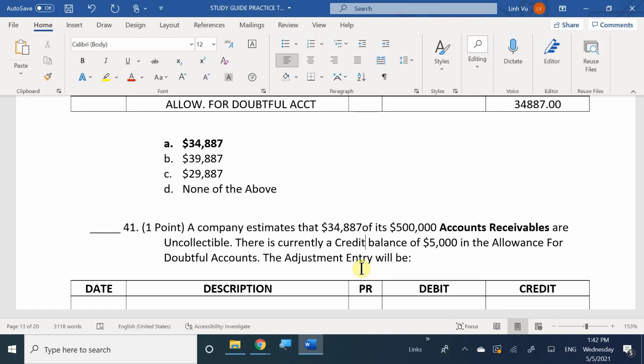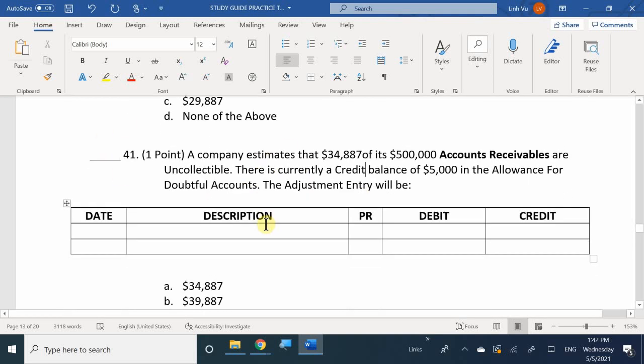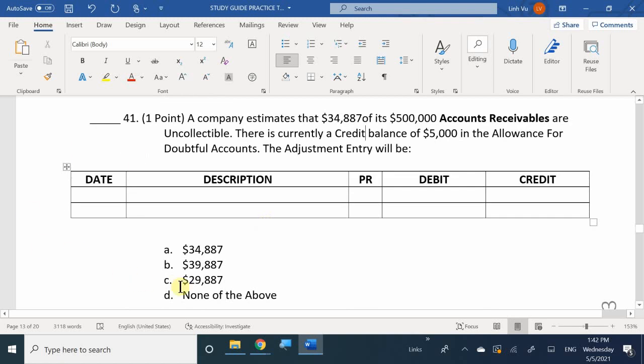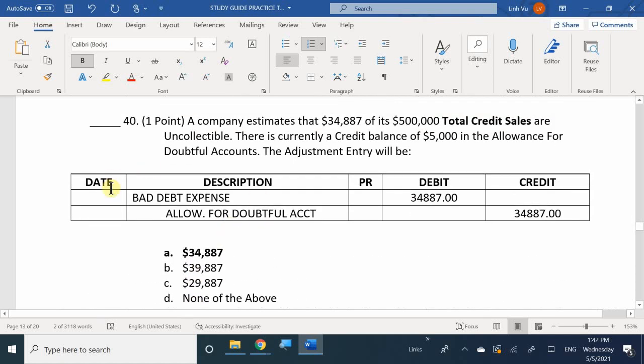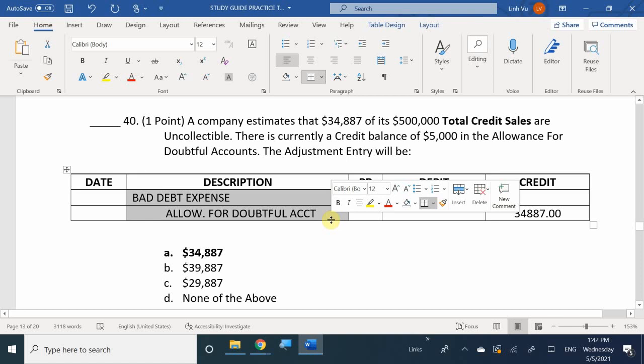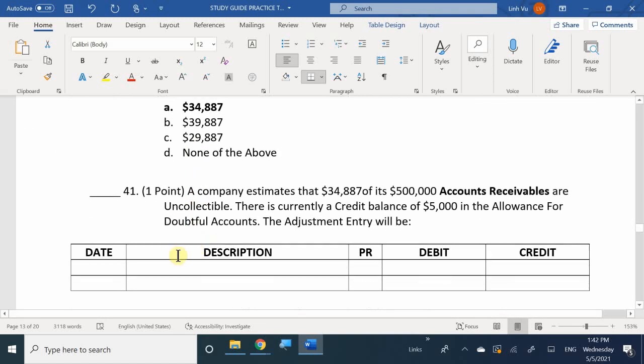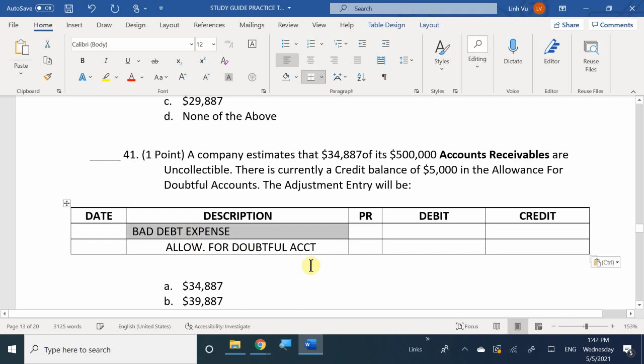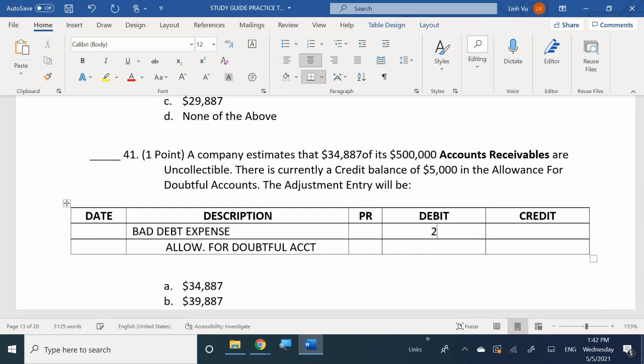If I already have $5,000 on my credit side, how much more do I need to get to the 34? You subtract the two numbers to get 29,887. Okay, so the indicators are there. All you have to do is be aware of which method you are using. And it's for 29,887.